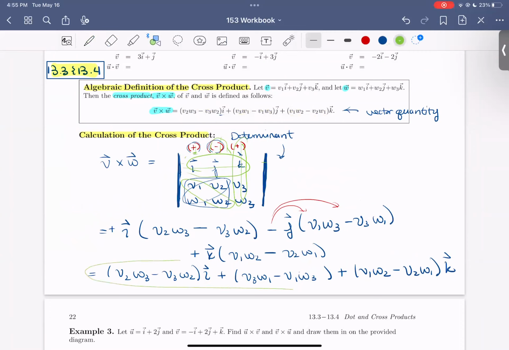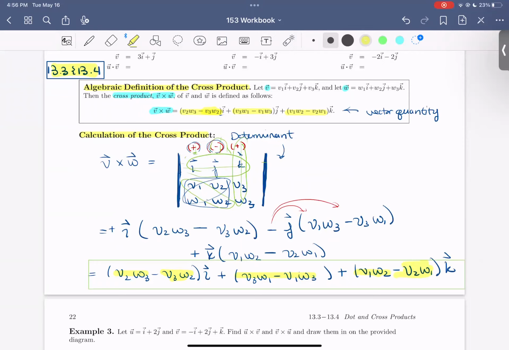Well, you'll notice that we get the same computations: v2 w3 minus v3 w2. And you can check each component: v3 w1, v1 w3, v1 w2 minus v2 w1.